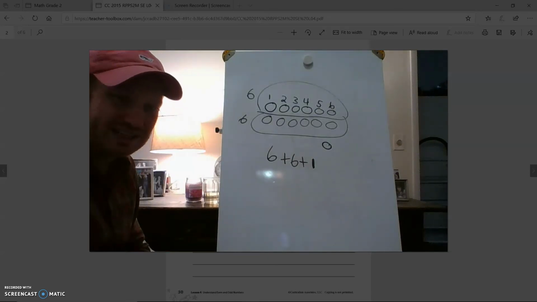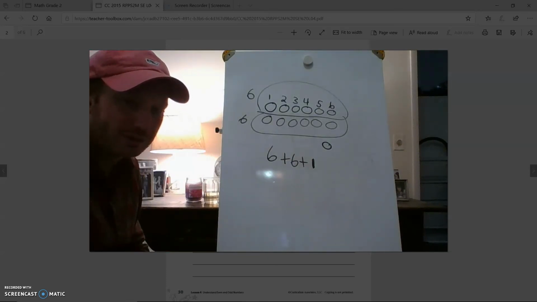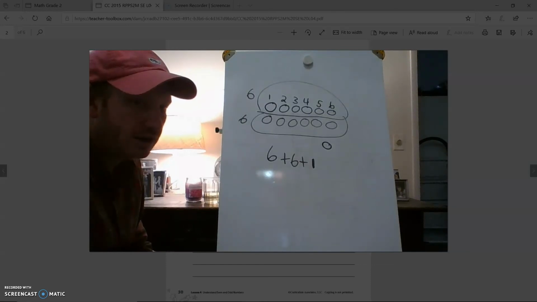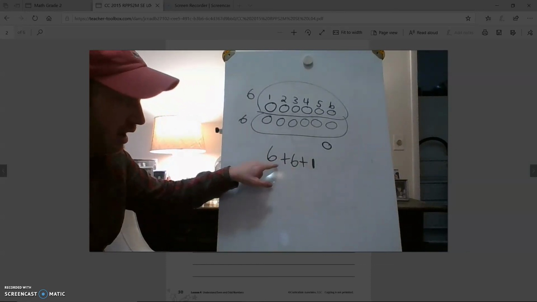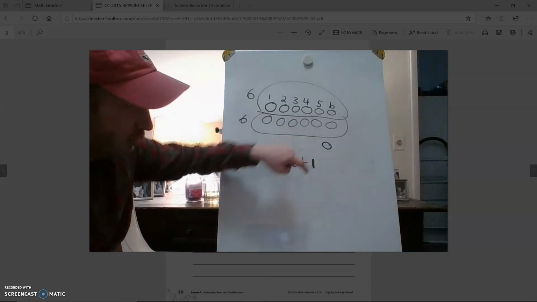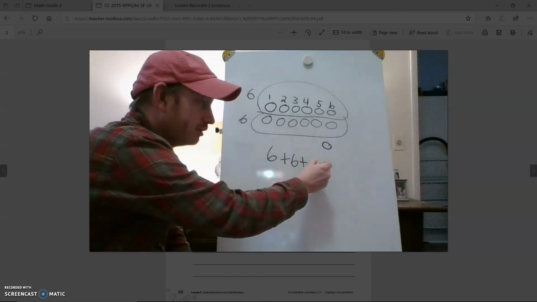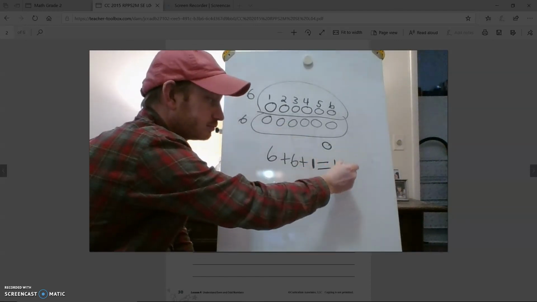And now is that going to be an even or an odd number? Well, we know it's going to be an odd number because we have our 2 equal groups and then 1 left over. So it's an odd number and it's 13.